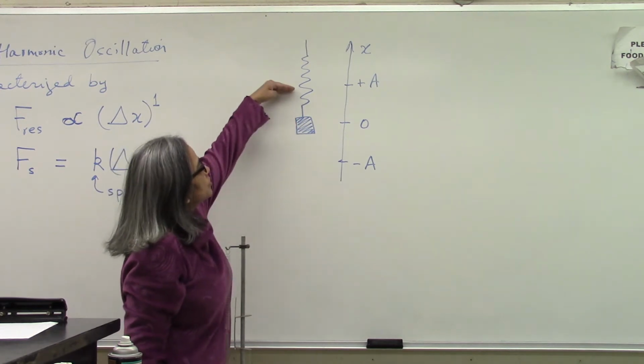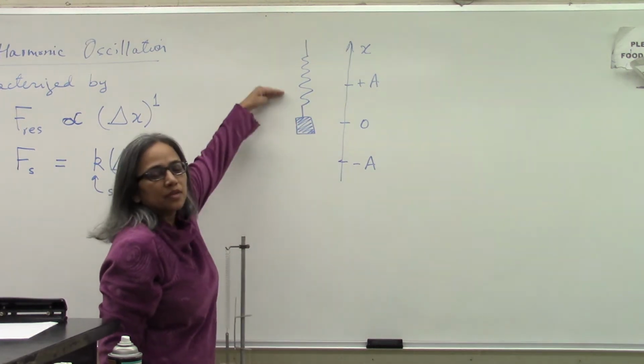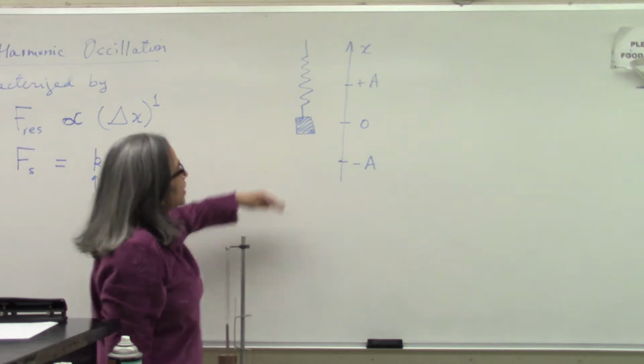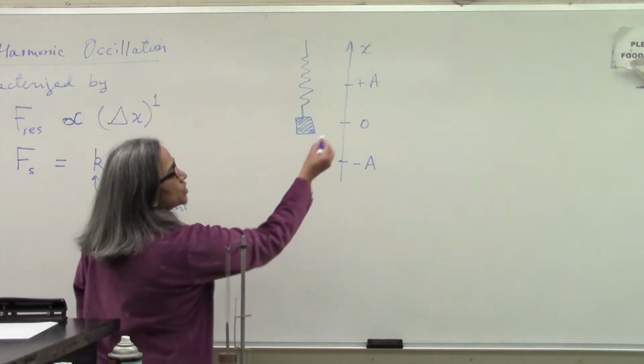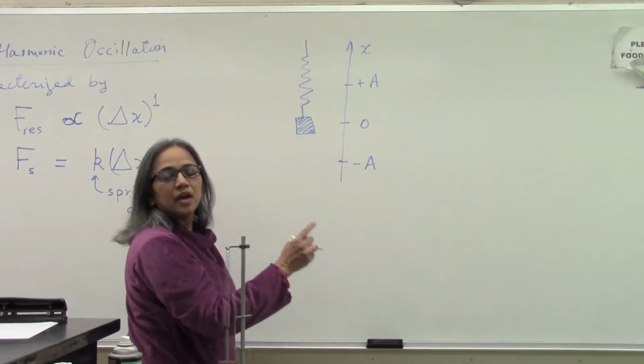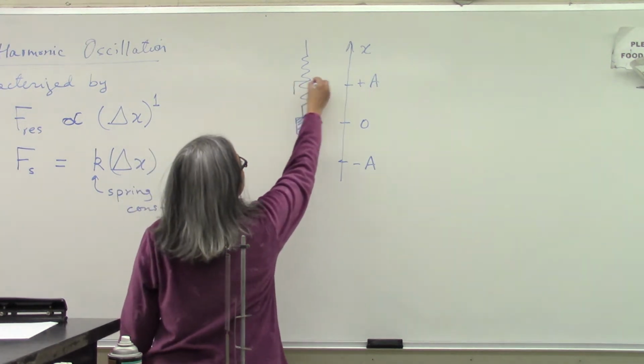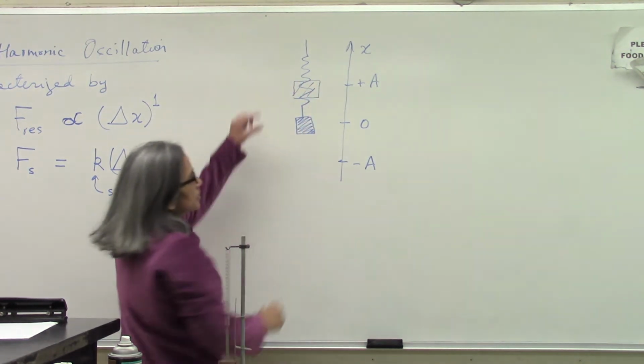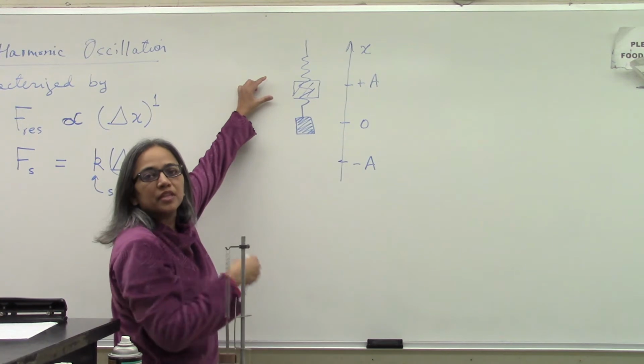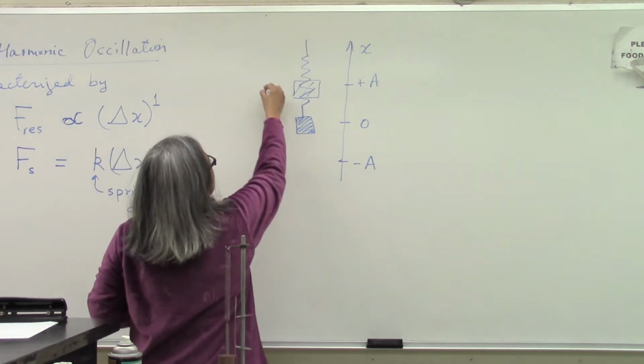So our mass is going from here to here, back and forth, like this. And let's say that we start our timer at the point where the mass is at the top of its motion. So the mass is here, and then we start our timer, and that's t equals 0.